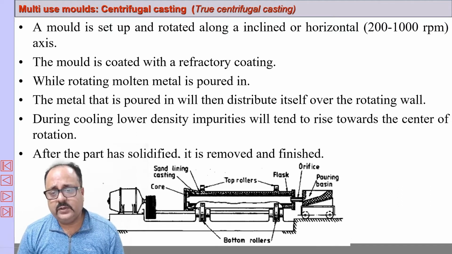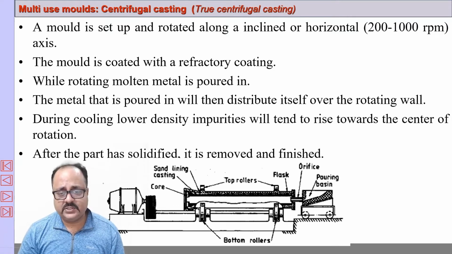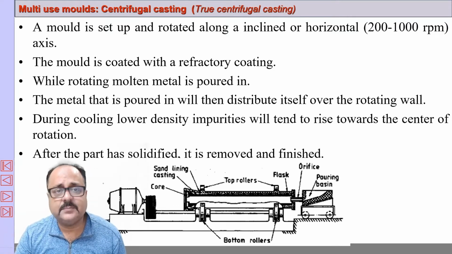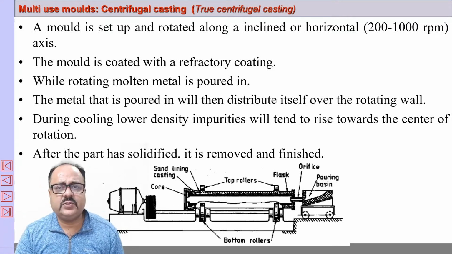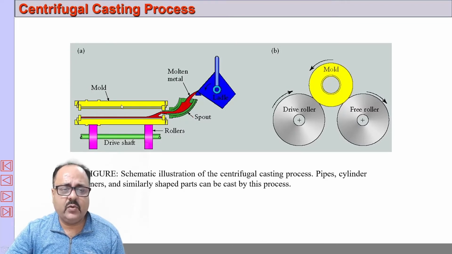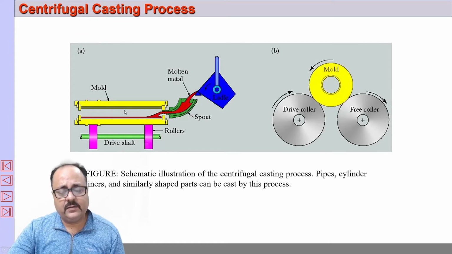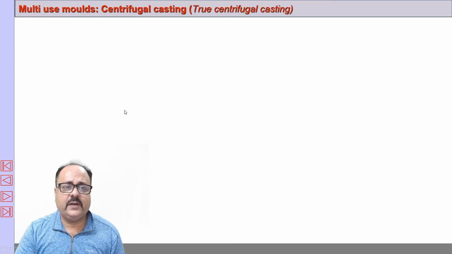Without cores we can produce a hollow cylindrical or axisymmetrical casting in this process. So this is true centrifugal casting. You can see this is the die, or the mold, which is rotated, and we pour the molten metal. It is rotated at high speed, and centrifugal force will throw it towards the wall of the mold where it will solidify.